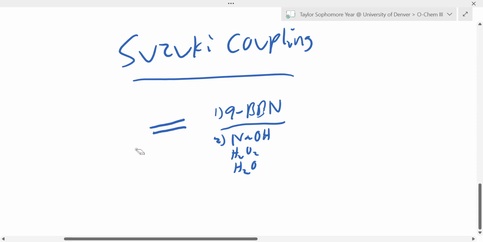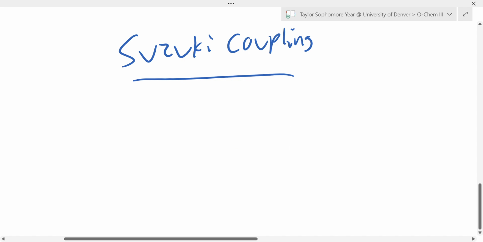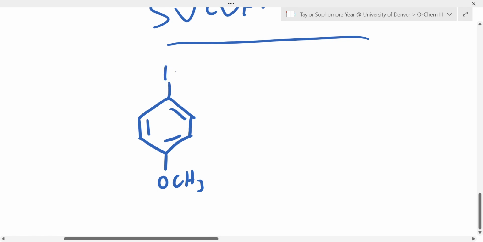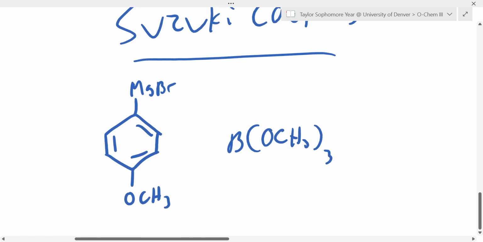Actually, I'm going to use a different example. My bad. I think this will be a little bit easier to understand. So use essentially boronic acid derivatives. So take this OCH3 again with MgBr, let's say, and we'll have boronate, B(OCH3)3. And through this, you can essentially kick off.